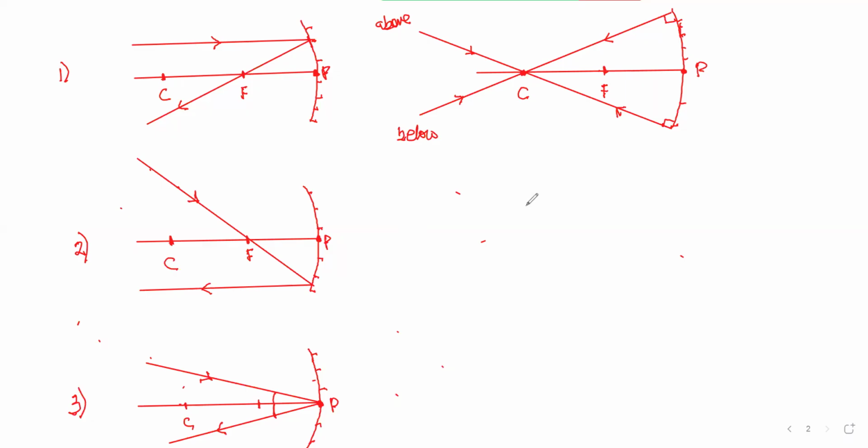Any question? Angela? So please, I don't understand rule number 4, how the rays are hitting it at 90 degrees. So no matter where the rays are coming from, when it's incident on the mirror at an angle of 90, it must reflect back along the same path and pass through the point C. So all that it requires is that the coming ray must be incident on the mirror at 90.